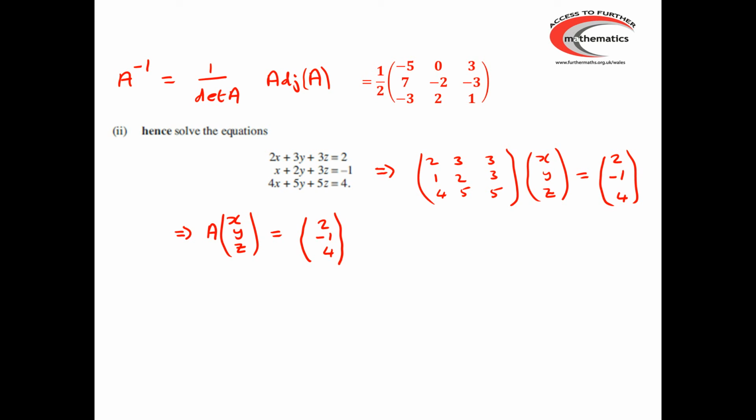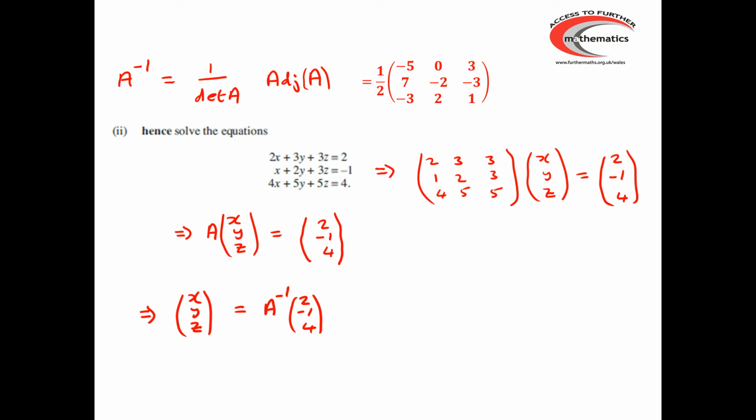If we multiply each side of this equation on the left-hand side by A inverse, then the left-hand side becomes A inverse A, in other words just the identity, times xyz equals A inverse times 2, minus 1, 4. So we've got xyz equals A inverse times 2, minus 1, 4.